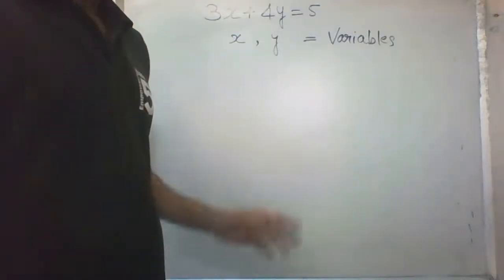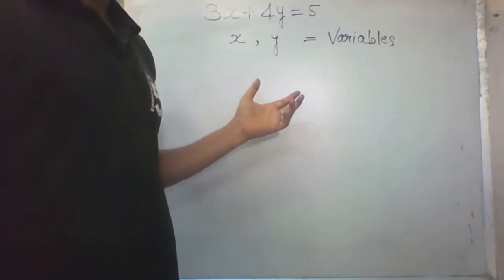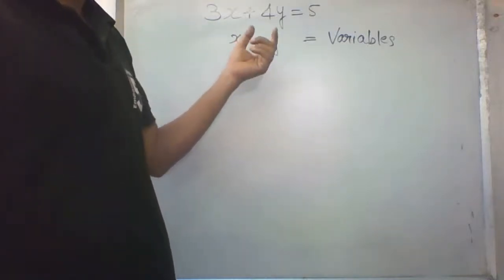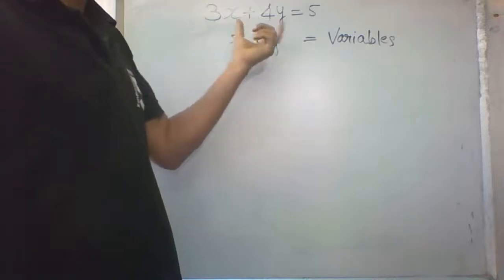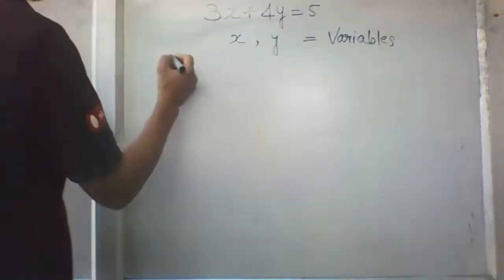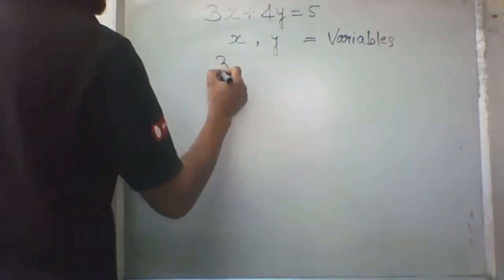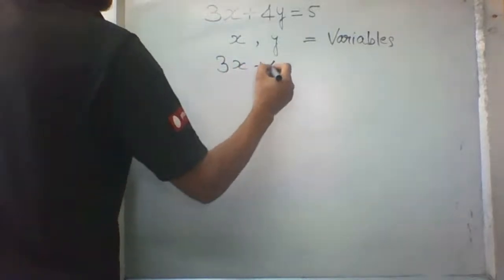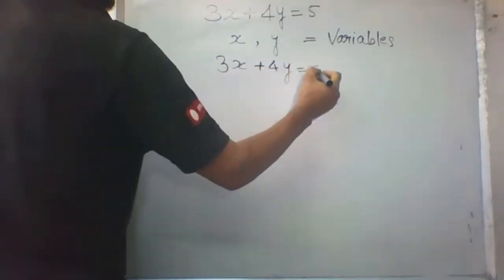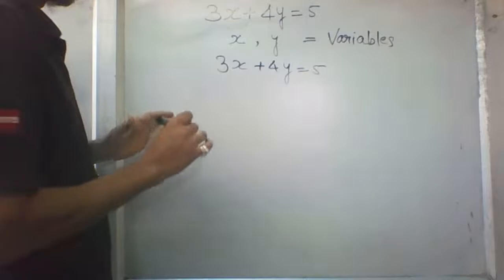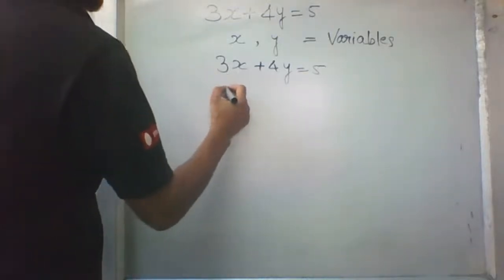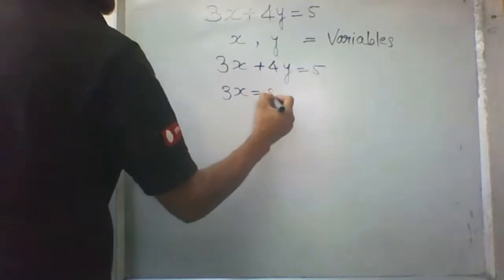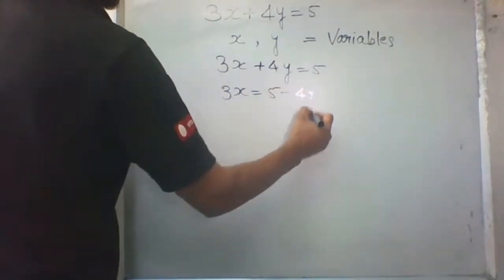Now we can play with the equation given here. This is the equation I have written: 3x plus 4y is equal to 5. Now I am changing the subject of the equation. Here I am making 3x is equal to 5 minus 4y.